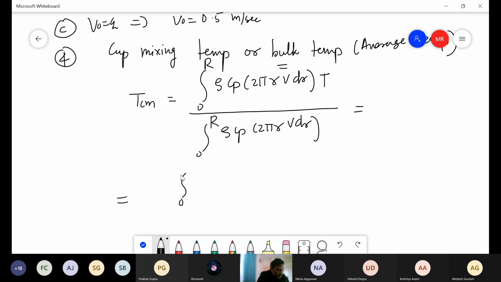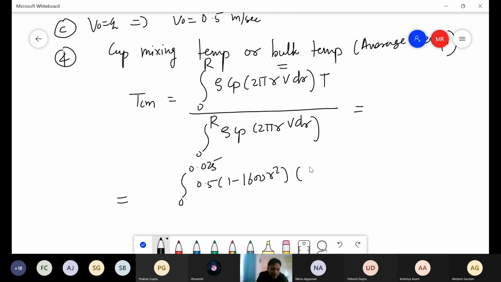This will be the integral from 0 to 0.025 of 0.5 times (1 minus 1600 r square), which is the expression for velocity.